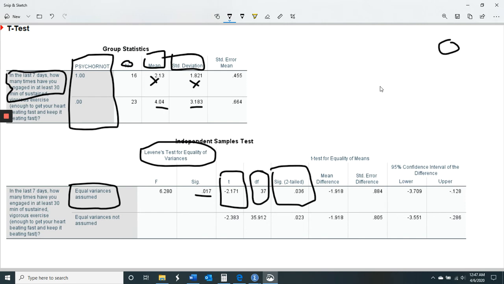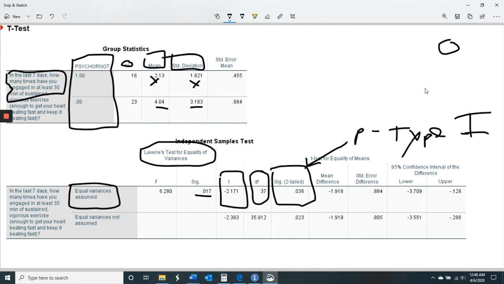So significance tells us the probability of a type 1 error. So this significance test right here is the probability of a type 1 error.